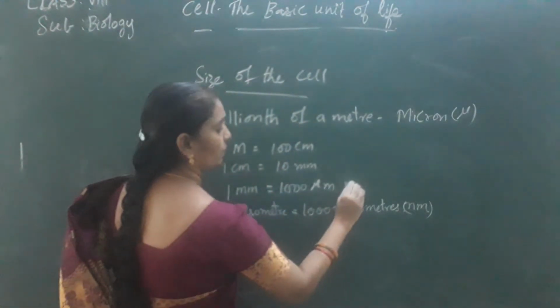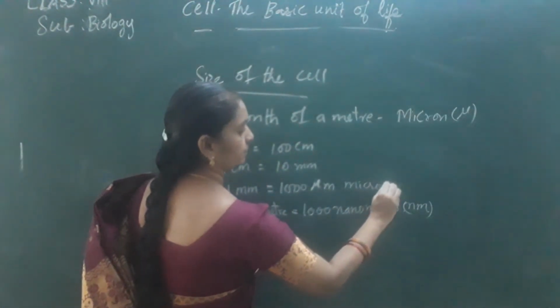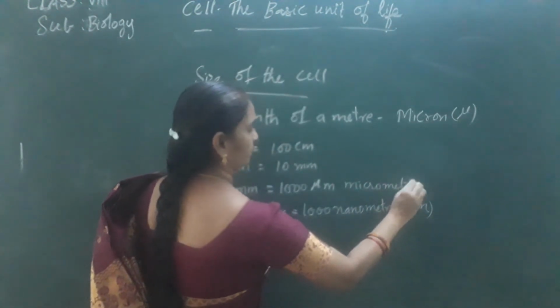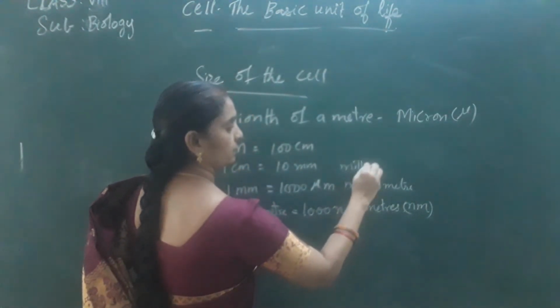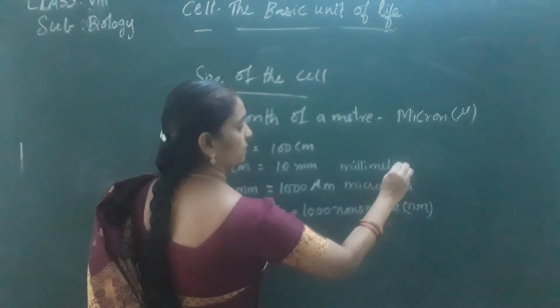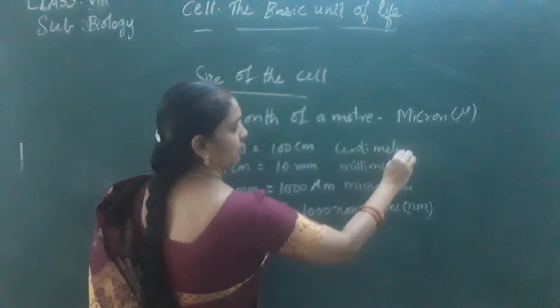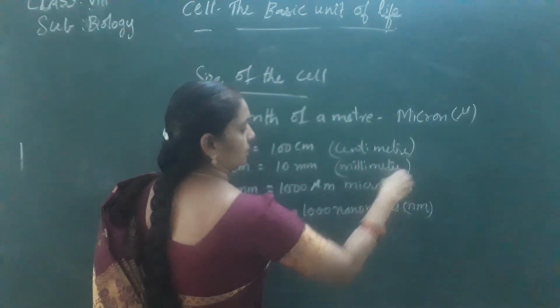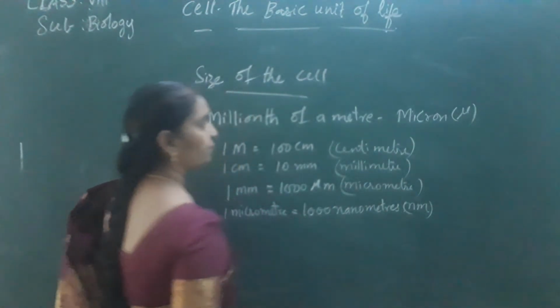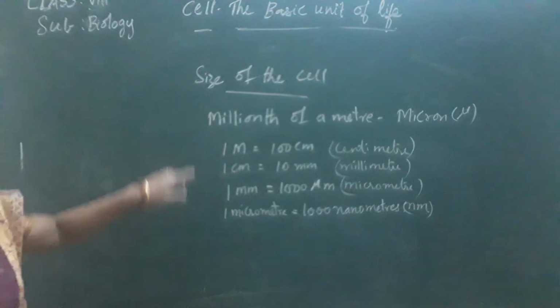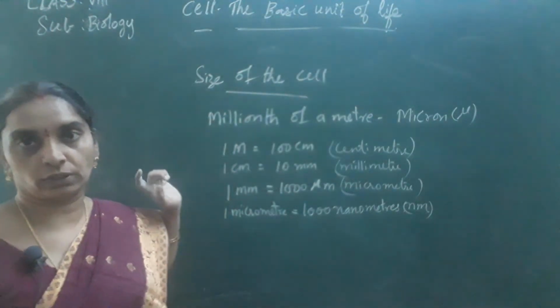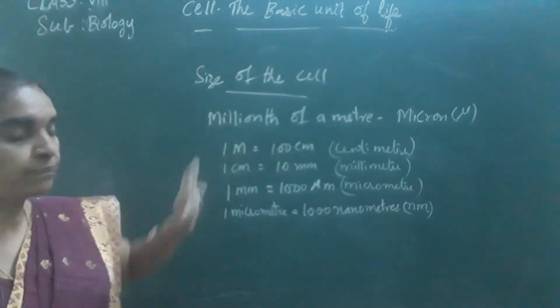This is micrometer, millimeter, centimeter. Note down the units. So 1 millionth of a meter is a micron.